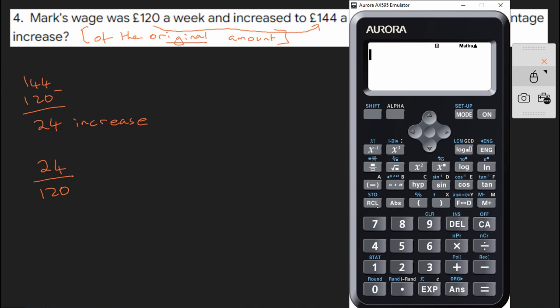Let's just quickly do that, and we'll do that on a calculator to speed things up. 24 over 120. So we can see that that's 1/5. I think we'll have a look at it as a decimal. We can see that that's 0.2.